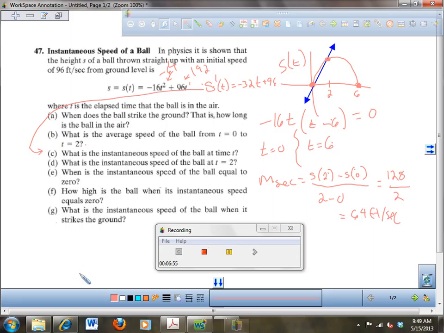Any questions on that? Or you can use the limit process.